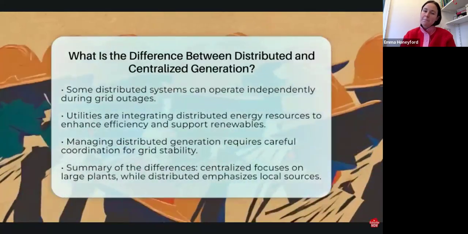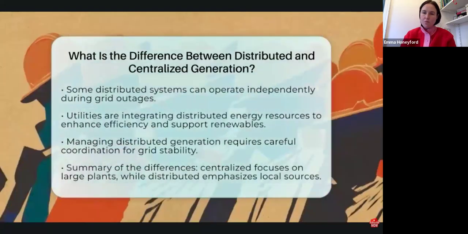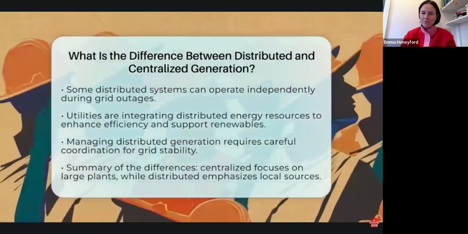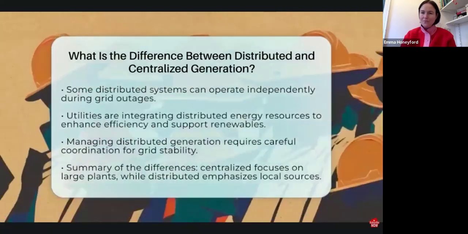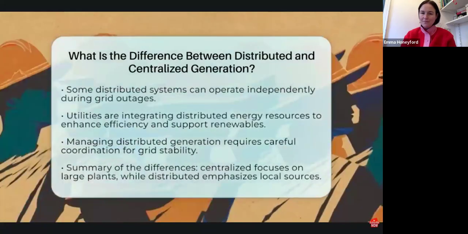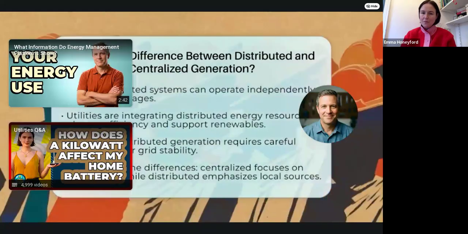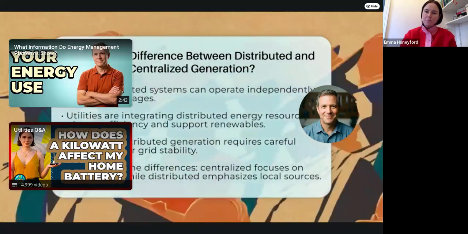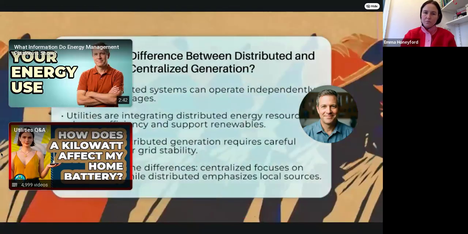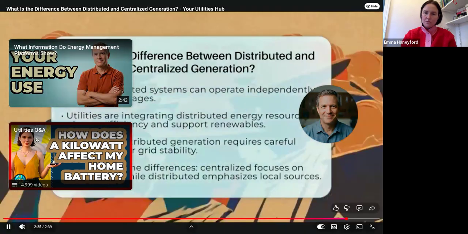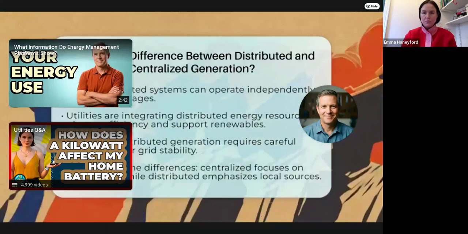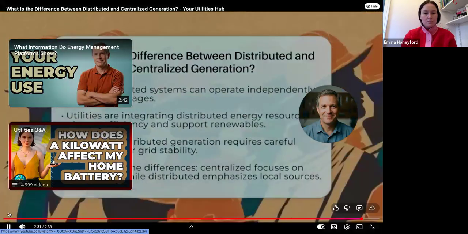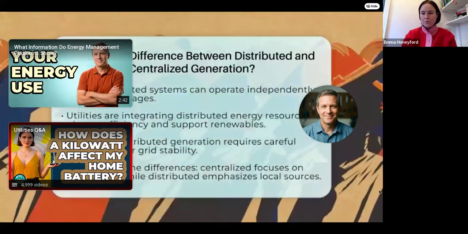In summary, centralized generation focuses on large plants that supply power over long distances, while distributed generation emphasizes smaller local sources. Each method has its strengths and weaknesses, and utilities often balance both to optimize reliability and sustainability. Understanding these differences can help you appreciate the energy landscape and the choices available for future energy production.